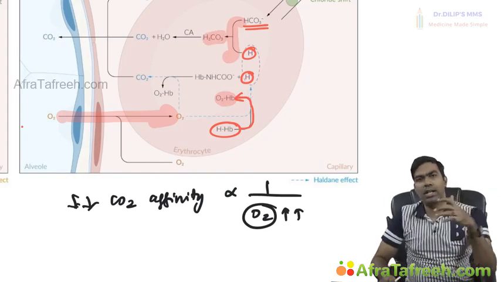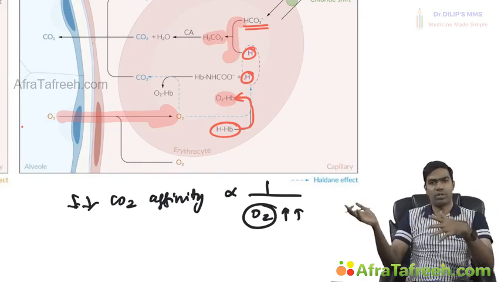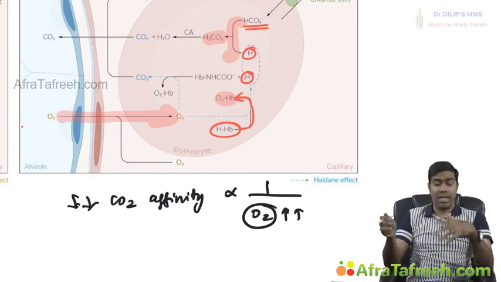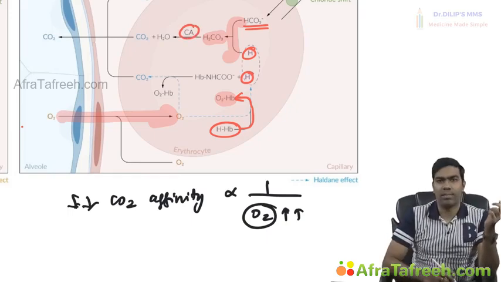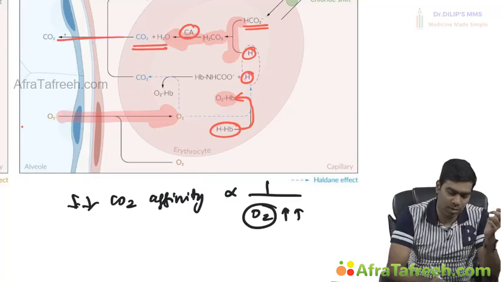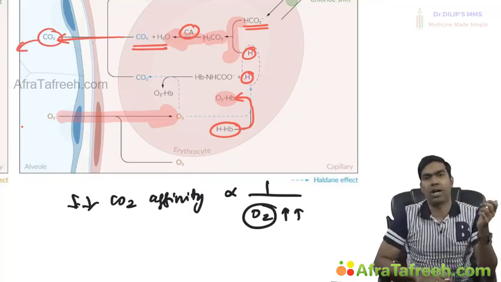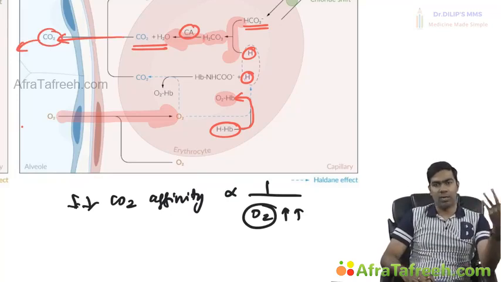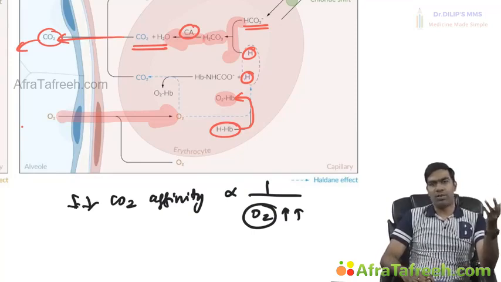This carbonic acid, at a pH of 7.4, is always going to dissociate into H plus and HCO3 minus. But in the presence of the carbonic anhydrase enzyme, this can shunt towards production of CO2 and H2O. This CO2 is once again eliminated out of the RBC and exhaled through the lungs. So this is what we refer to as Haldane effect.